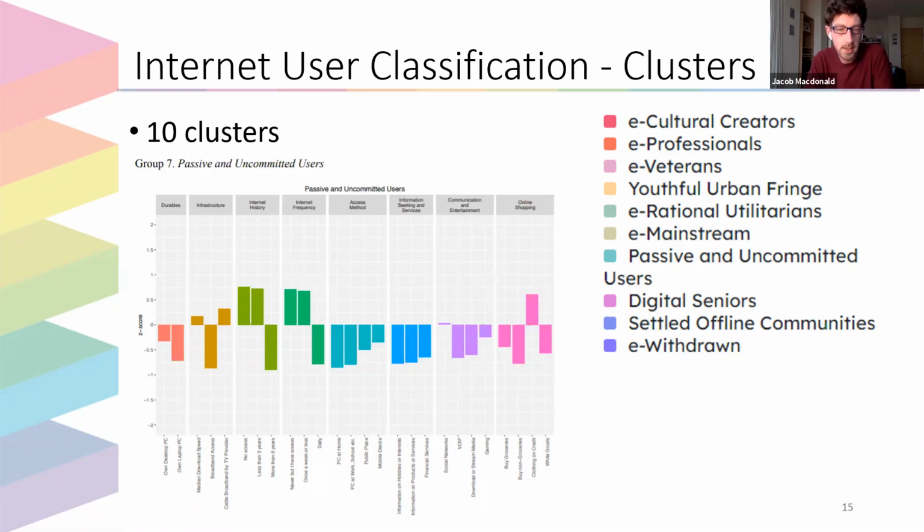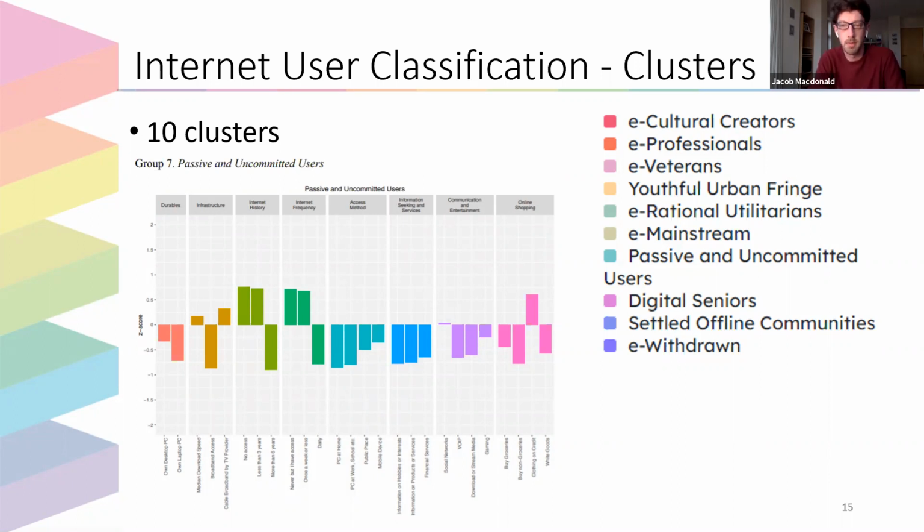This really highlights nicely the different types of signatures that different clusters are giving out. We're not just looking at one specific variable, but at the combination of all these input variables. Looking at these patterns, you can really tell that group 7 are clearly not as active with internet use on any of the input variables.